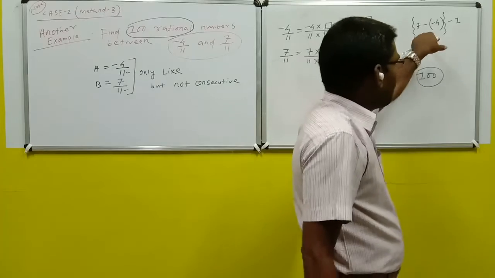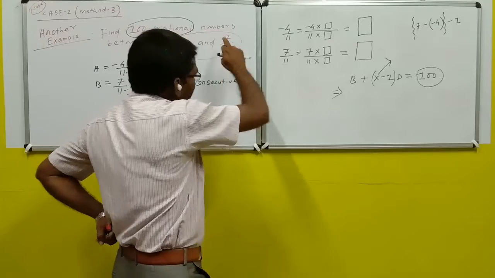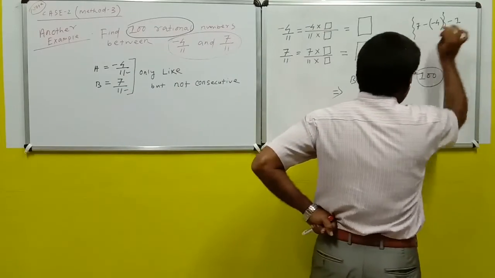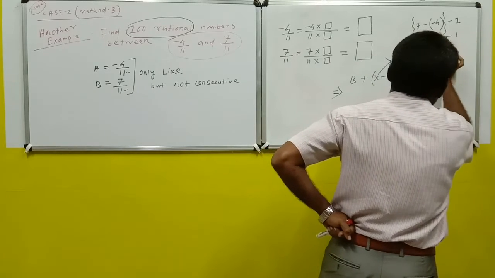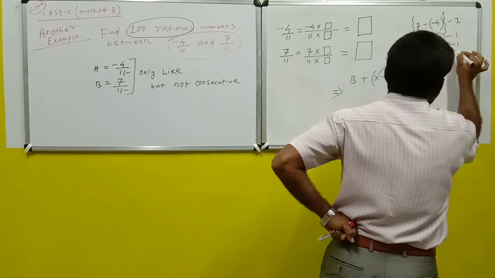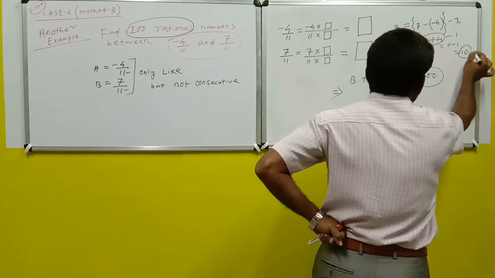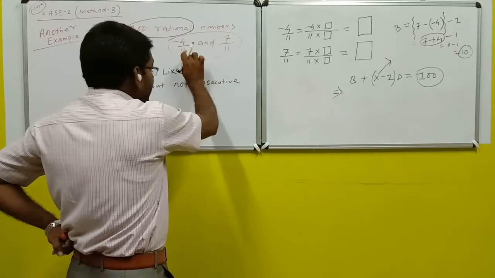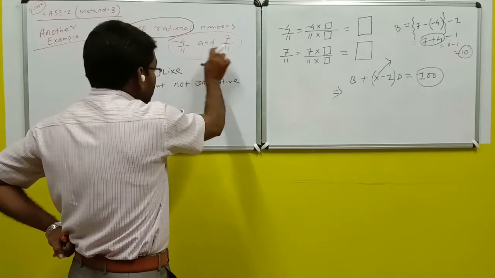Subtract this numerator from this numerator and then again subtract 1. It means you have to do double subtraction. Equal to 7 plus 4 minus 1; 7 plus 4 is 11, minus 1 equal to 10. It means the value of b is 10. It means already 10 rational numbers exist between these two rational numbers.